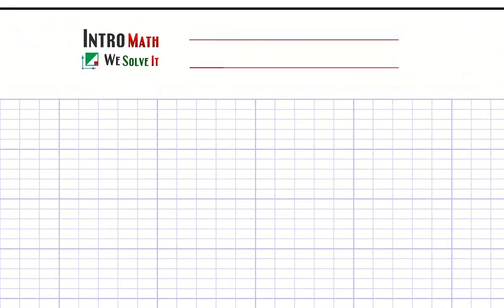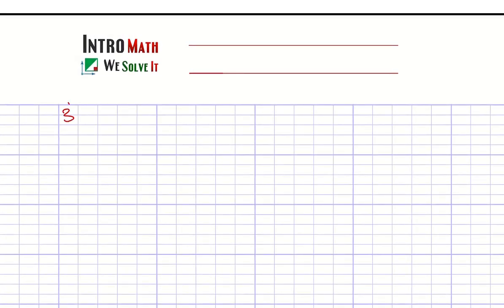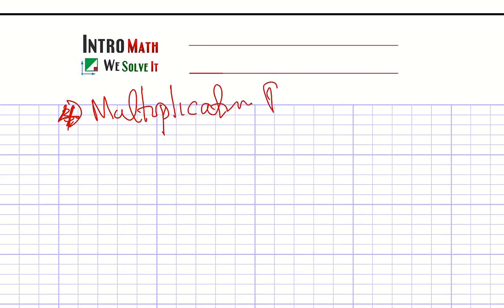Okay? And then number four property. What is it called? It's about the multiplication property of order.